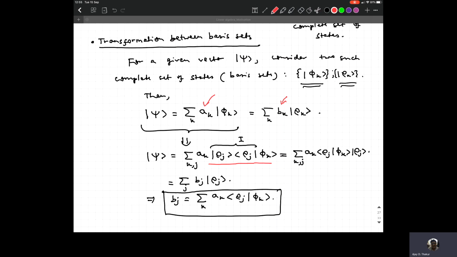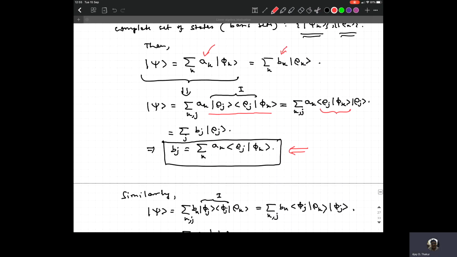Because this is identity, it does not really change the result. However, with a little rearrangement, we are able to pick out the inner products between the rho j and phi k basis sets, and the result now is an expansion in terms of the rho j basis set. That brings us to a connection between bj's and ak's. Therefore, bj is going to be the sum over k of ak times the inner product of rho j with phi k. So that's a useful relationship.